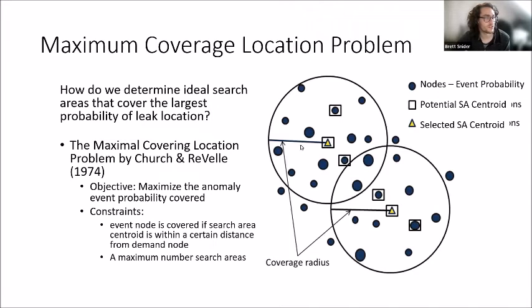The search radius is customizable for the utility, as well as the number of search areas they would prefer. The model then searches through and identifies the 2 search area centers that maximize the coverage. One point here is that these 2 points, even though they're double covered, wouldn't be counted twice. It would be the total area of this double circle.